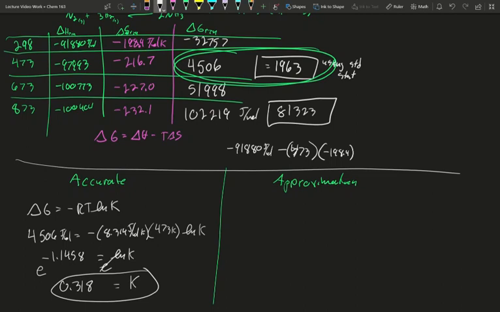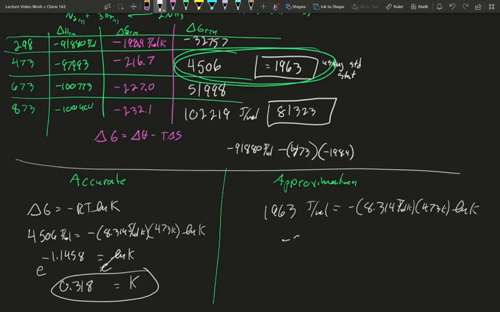If we wanted to do our approximation, where we were using our standard state values for something that is getting too far away, 1963 was what we would have calculated using standard states, but plugging in 473 Kelvin. Well, that would still equal negative RT, so negative 8.314 joules per mole Kelvin, 473 Kelvin that we're looking at, natural log of the equilibrium constant.